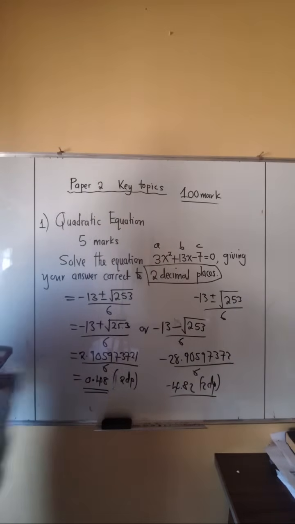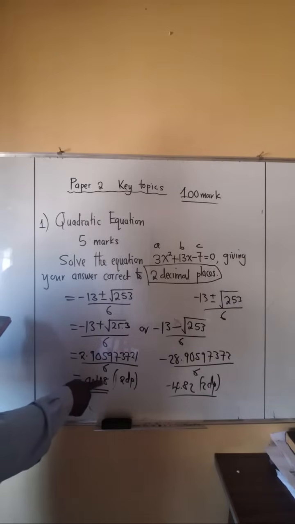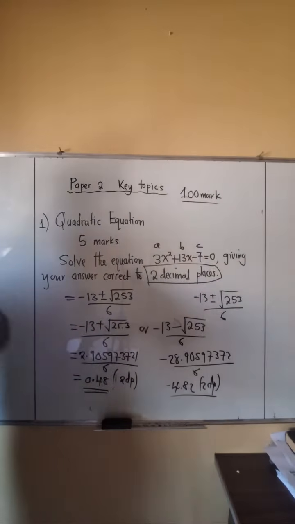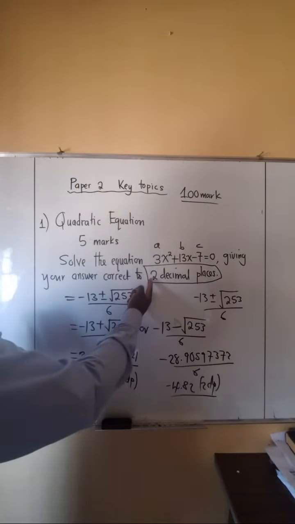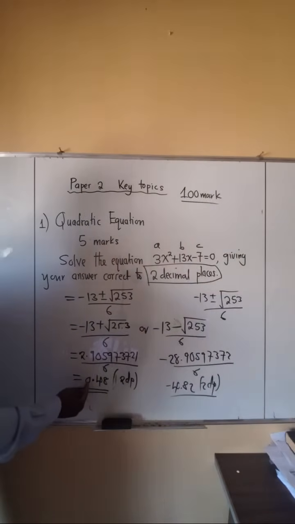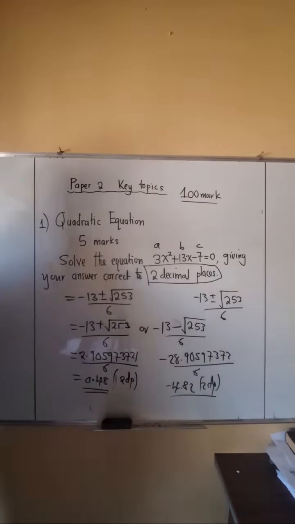We divide by 6, and we are getting 0.484328953. But writing your answer in 2 decimal places according to the instruction given in an exam question, it's going to be 0.48 in 2 decimal places. The same applies to this, just like that.